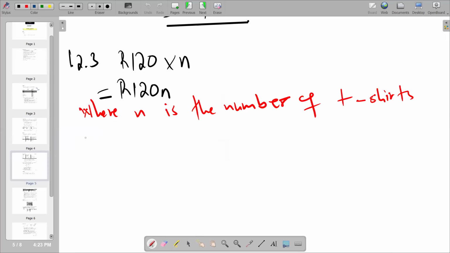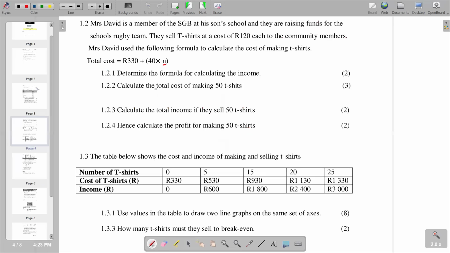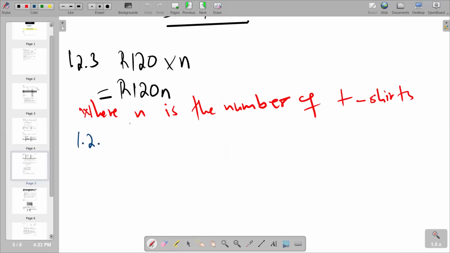We can just say 1.2 points according to the question that we're given, 1.2.2. So the question that we've just done is 1.2.1, not 1.2.3. So we can just correct this: 1.2.1, and this one becomes 1.2.2.